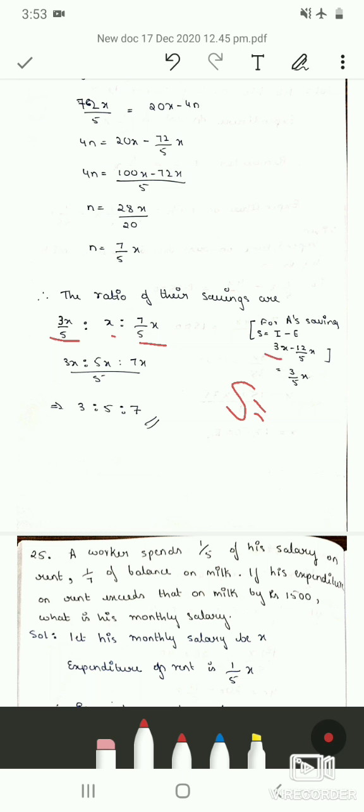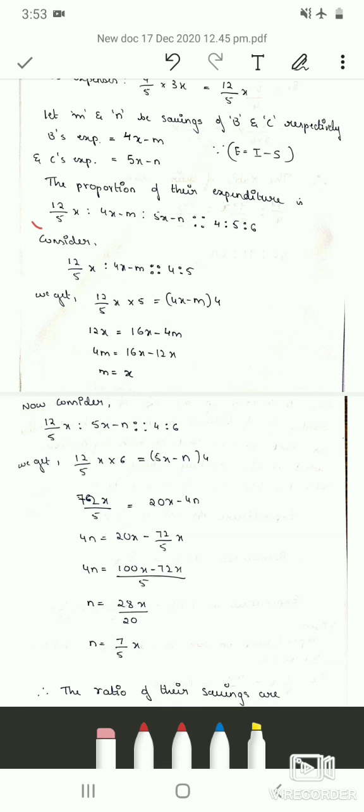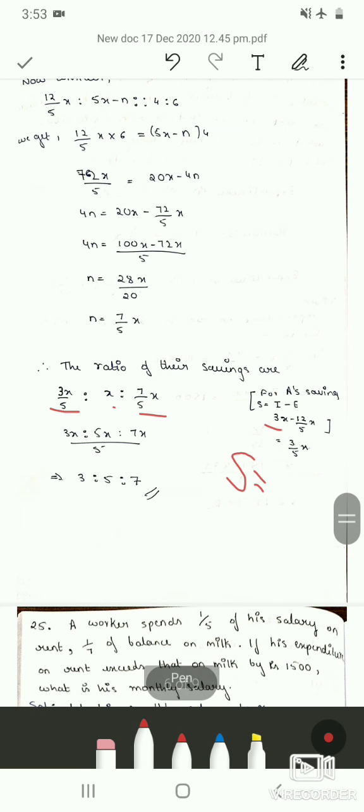So income is 3x, and for the expenditure of A we had seen 4/5 of his income, which is 12 by 5x. So income minus expenditure, which is 3x minus 12 by 5x, we get 3 by 5x. So this is the saving of A.